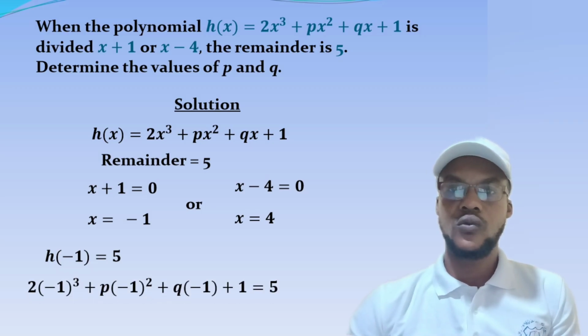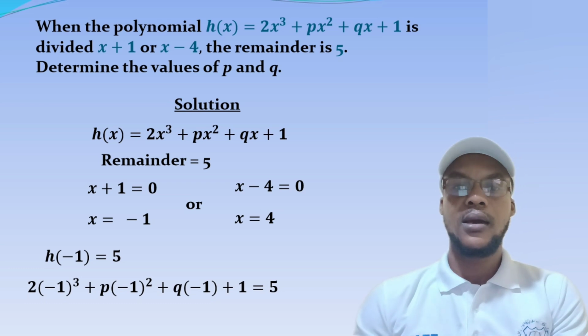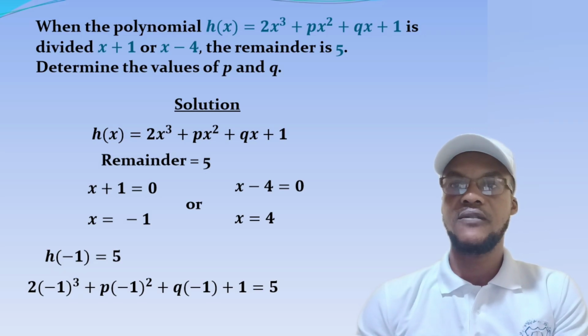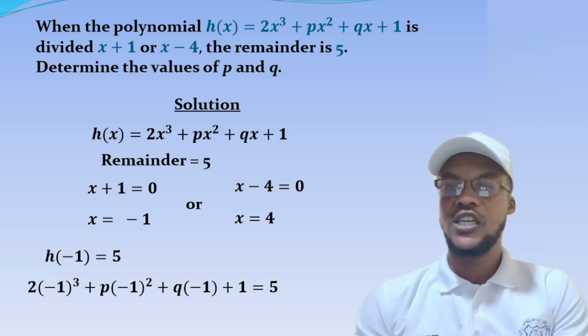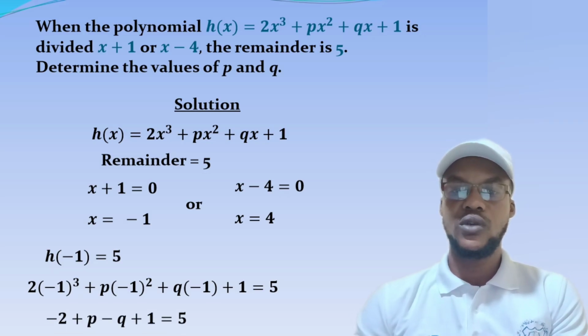When you substitute -1, this is what you are going to get: 2 multiplied by -1 cubed plus p multiplied by -1 squared plus q multiplied by -1 plus 1, which gives the remainder 5. Let's continue and see what we get.